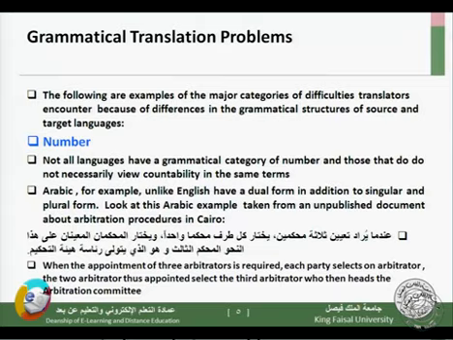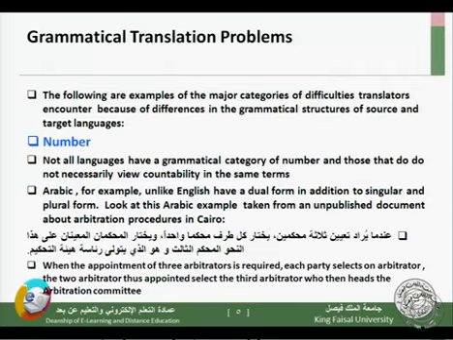So, countability or numbers to Arabs probably mean different things to an English person. Or the way we look at numbers may mean differently to an English person.